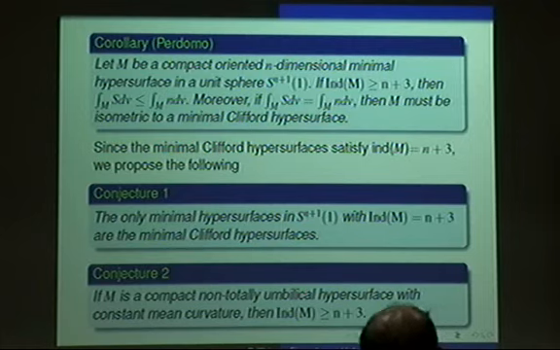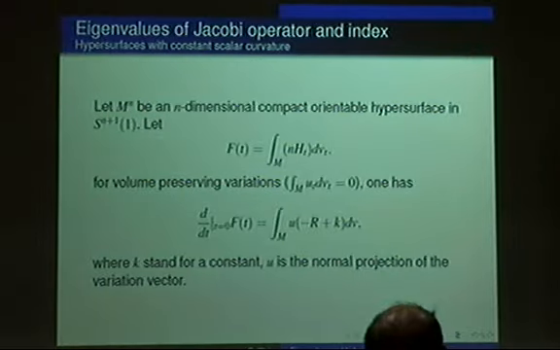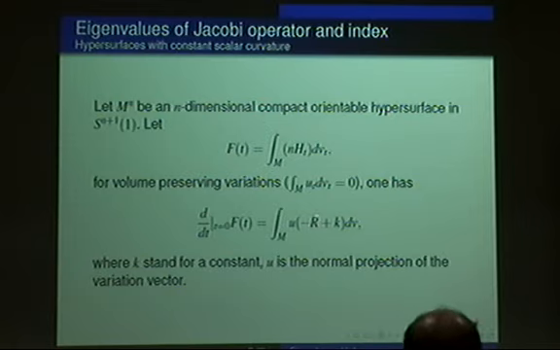Now I'll introduce the hypersurfaces with constant scalar curvature. For the hypersurfaces with constant scalar curvature, I'll introduce the eigenvalues of the Jacobi operator and the index. For this functional, we can compute the first variation and get the Euler-Lagrange equation. The Euler-Lagrange equation means the capital R is equal to a constant.